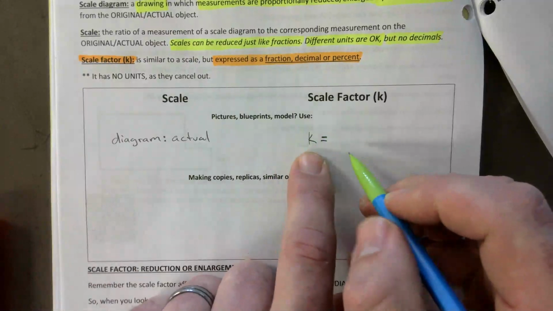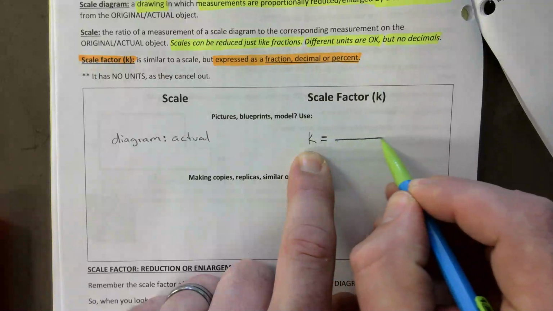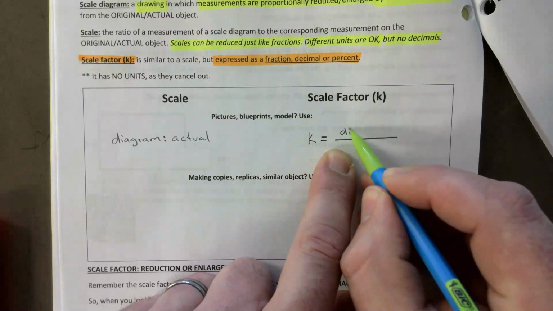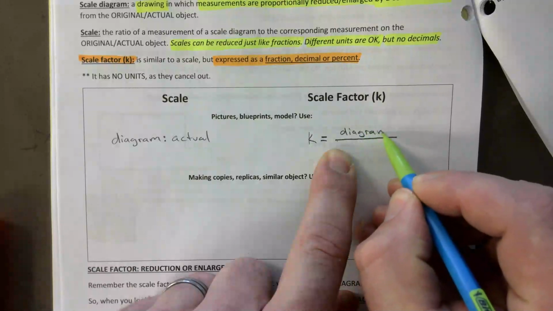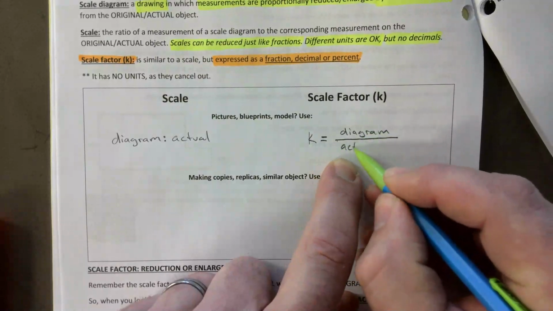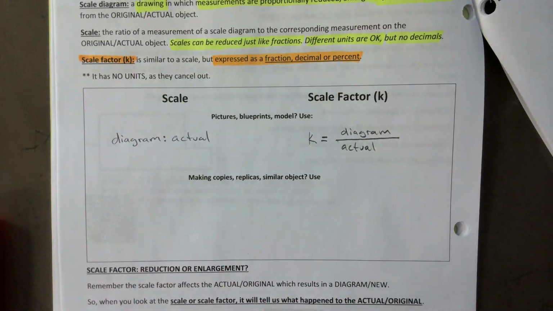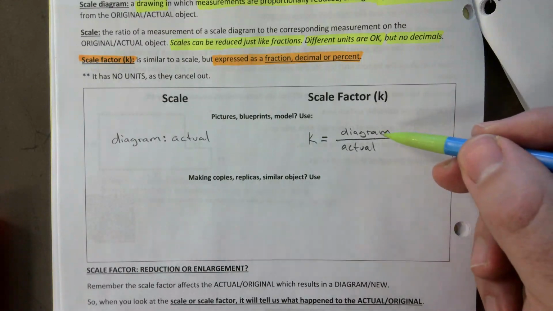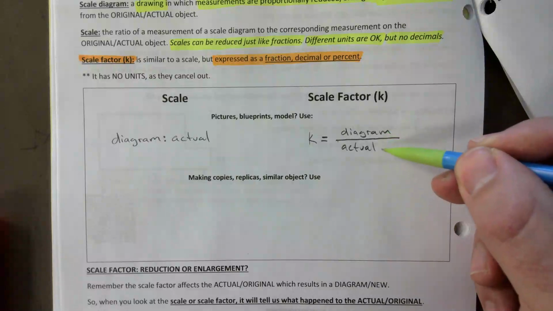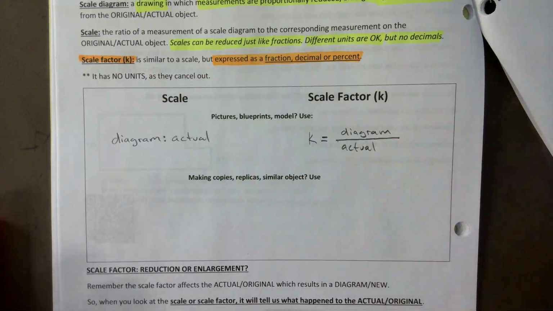So watch, K is equal to, and you have diagram on top, actual in the denominator. So the important thing is to identify in the question which one is which. Which number refers to the diagram, which number refers to the actual object in real life. Okay?